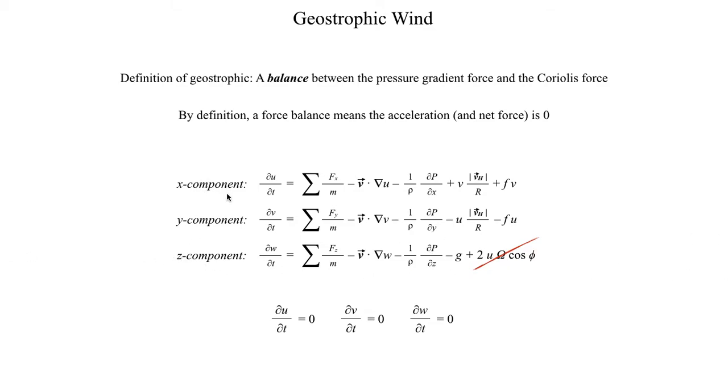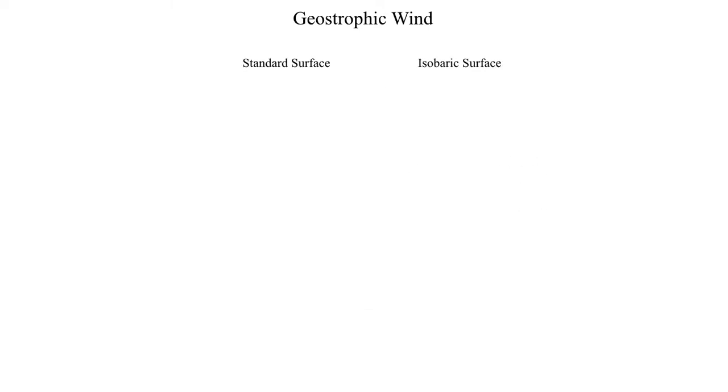We're only going to worry about the zonal and meridional components of the pressure gradient force and the Coriolis force. I'm going to do this derivation simultaneously for both the standard surface, where the pressure gradient force is 1 over rho times the pressure gradient, and also for an isobaric surface, which would be the geostrophic wind on a constant pressure level.